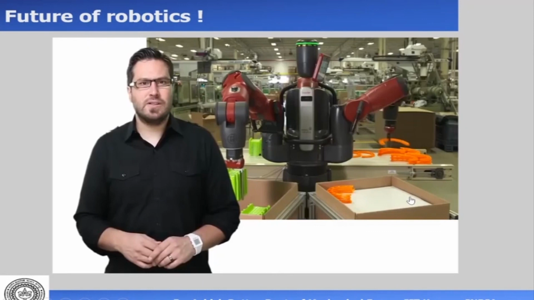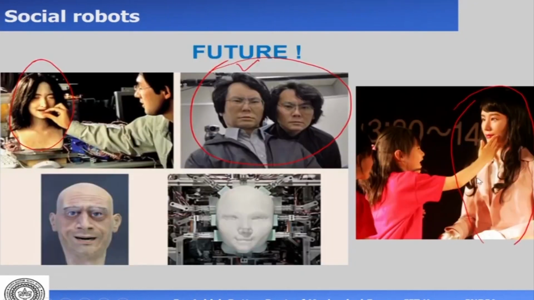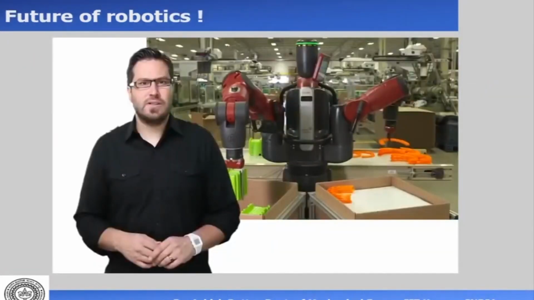So in terms of industrial robotics, the future is in making robots safe so they work with humans in industries. In terms of social robotics, the aim is to make robots which are similar to humans and can do particular human tasks like human beings and almost behave like human beings. So these are two directions in which it is going. One is social robotics, one is industrial robotics, where the human factor is coming in between.